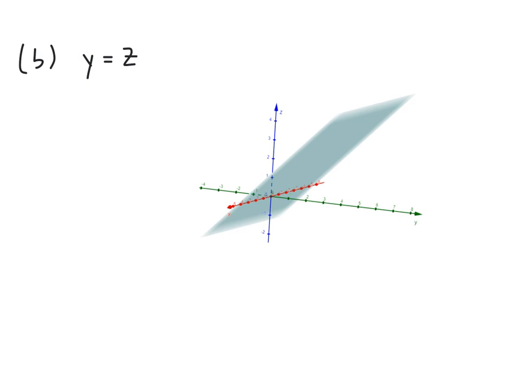So it looks something like this. Notice that the plane does go through the x-axis, which is the red one, and it does cut at a 45-degree angle between the y and z axis.